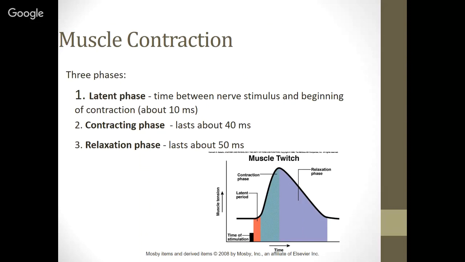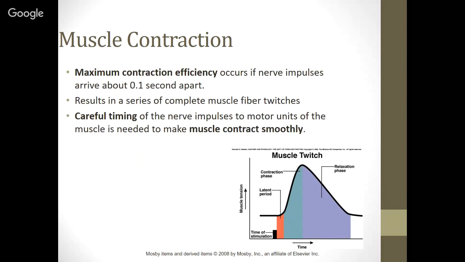So from the time you get the impulse to the time that you're completely relaxed and can accept another impulse is 100 milliseconds. So the maximum contraction efficiency occurs if the nerve impulses arrive about 0.1 second apart, because you have to have this time to allow it to go through the latent and contraction and all the way to the relaxation phase.